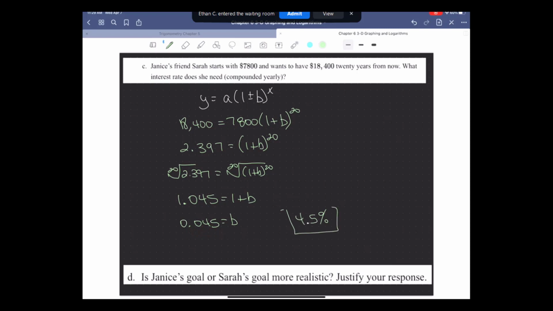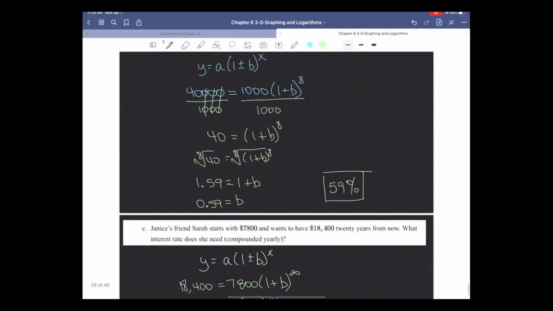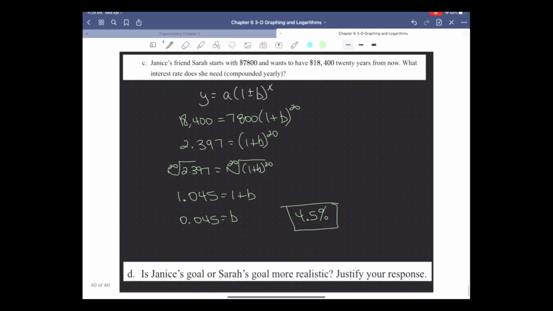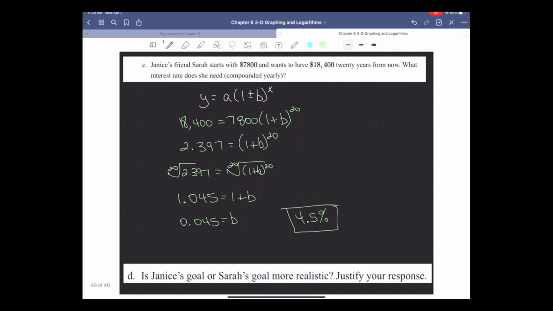So if you have $7,800 that you can put in the bank for 20 years and it gets an interest rate of 4.5%, you'll have $18,000 at the end of 20 years. Who has a more realistic goal? Janice at 59% or Sarah at 4.5%? Sarah.